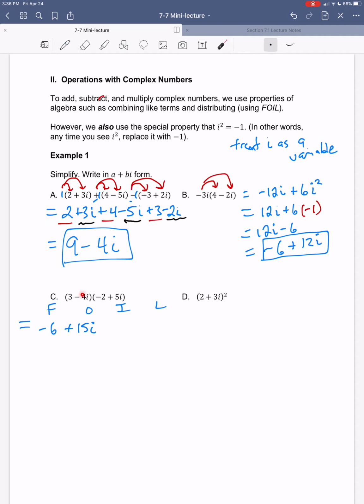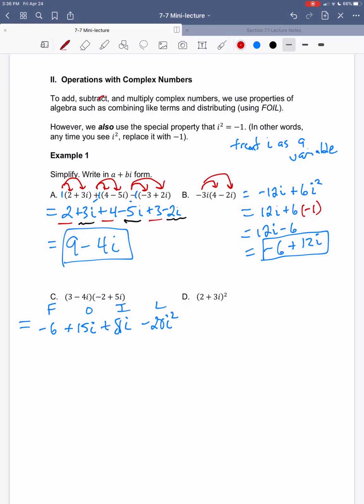Inner, -4i times -2, negative times negative is +8i. And then last, -4i times +5i, negative times positive is -20, i times i is i squared.